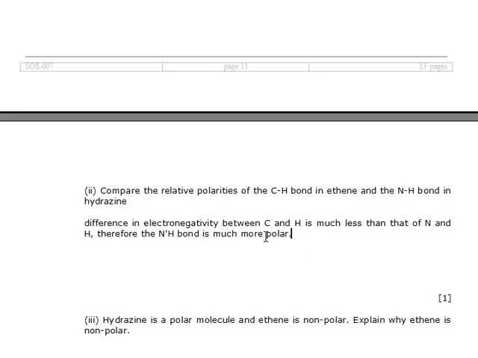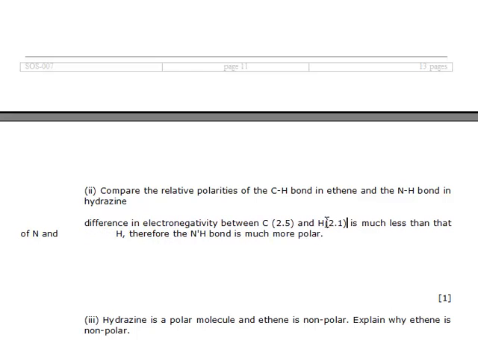We put figures on it. Carbon's electronegativity is given in the data booklet as 2.5. Hydrogen's is 2.1. Nitrogen is 3.0.